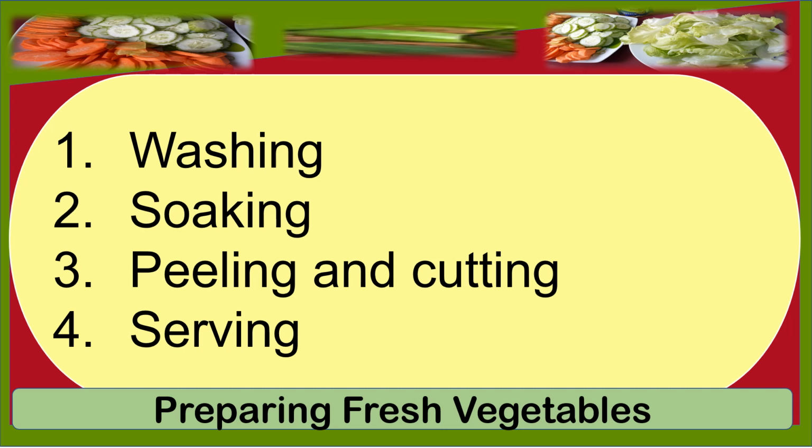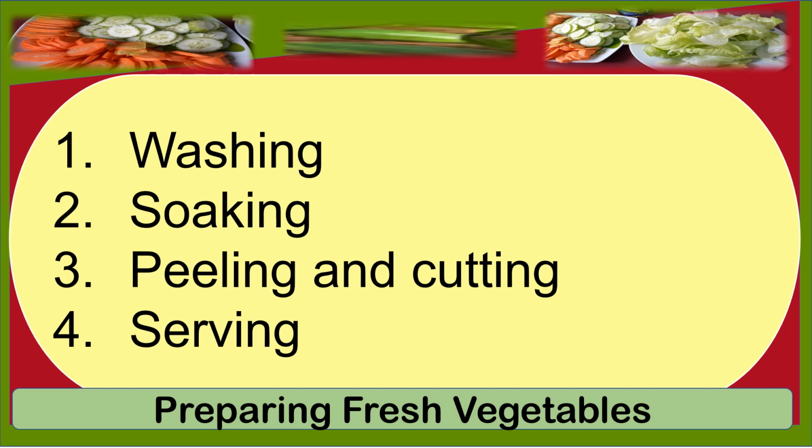Preparing fresh vegetables. So how are you going to prepare the fresh vegetables? Number 1, you have to wash. That's washing. So wash all vegetables thoroughly. You're going to scrub well those unpeeled vegetables like potatoes. Wash green leafy vegetables in several changes of cold water.